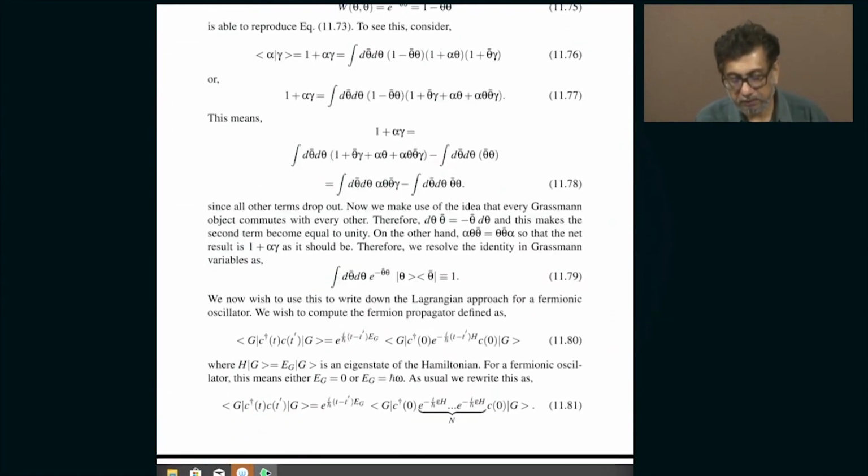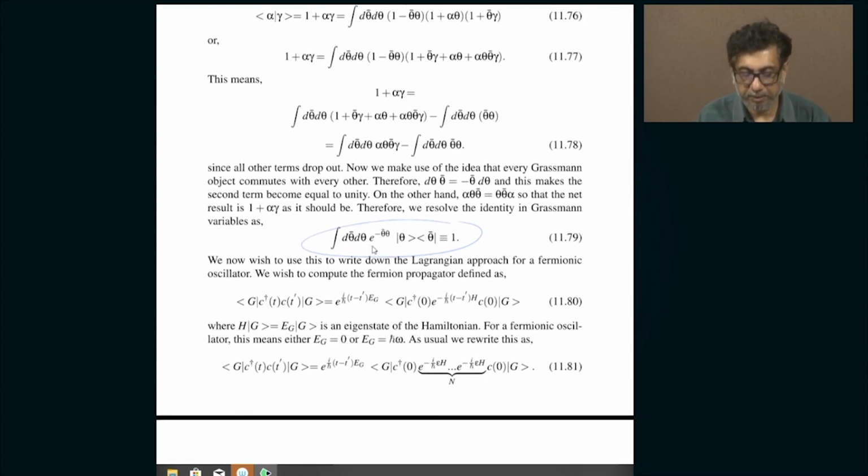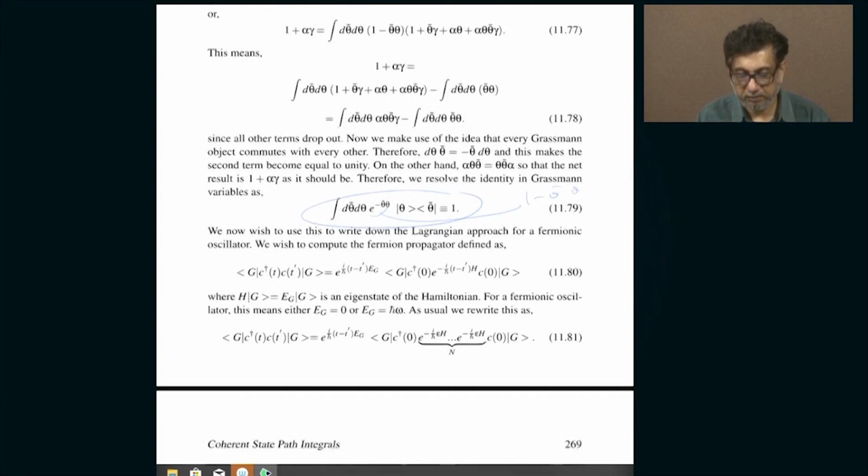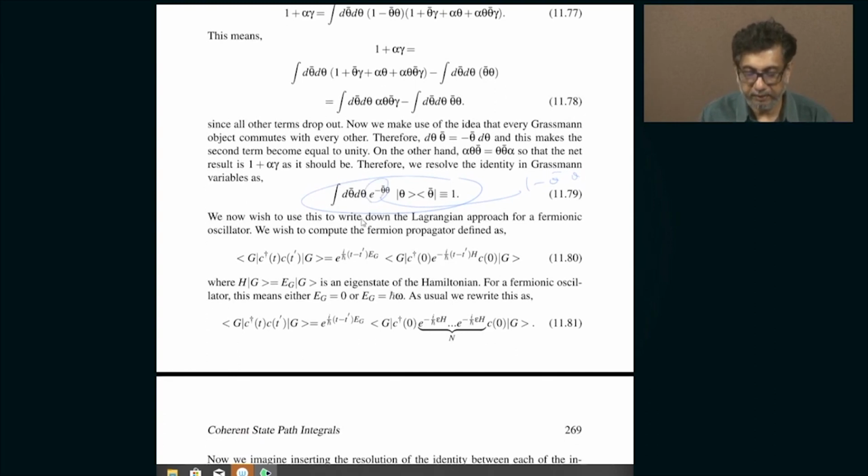So now you can just go ahead and, just like in the case of the bosonic coherent state, you have this overcompleteness. Here also you will have a similar overcompleteness, but keep in mind that this is very simple. This is the same as 1 minus theta dash theta. So it's not really necessary, it's overkill to write it like that.